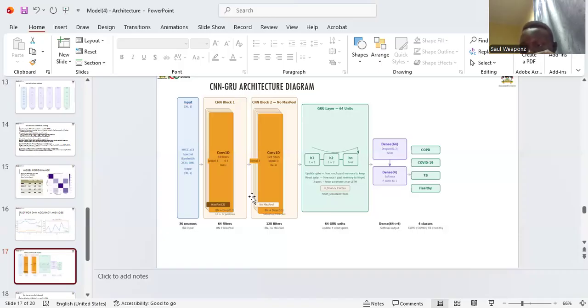So here we are going to deal with fewer parameters than the other model, which of course prevents overfitting. Then we go to the dense layer and the dropout of 0.3, avoiding overfitting, and a dense layer of 4. Of course, we are coming to the 4 classes, and here we output the probabilities for these 4 classes that will sum up to 1.